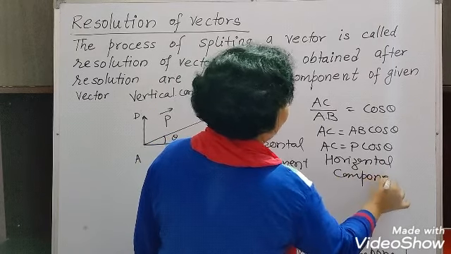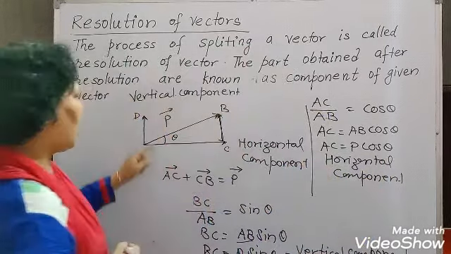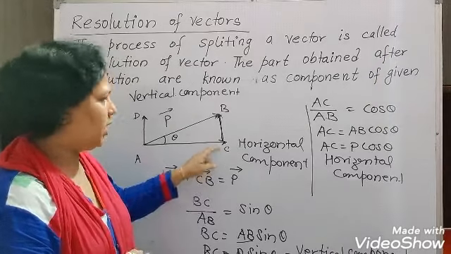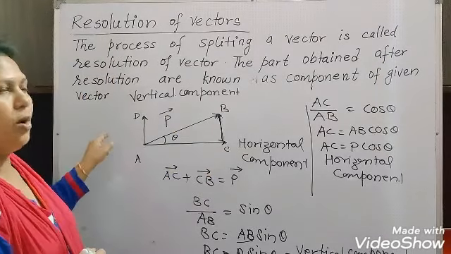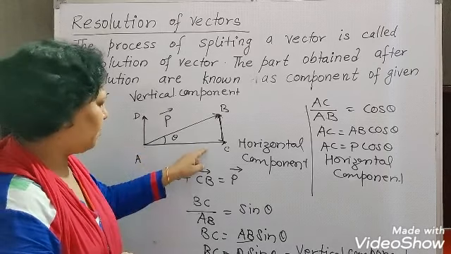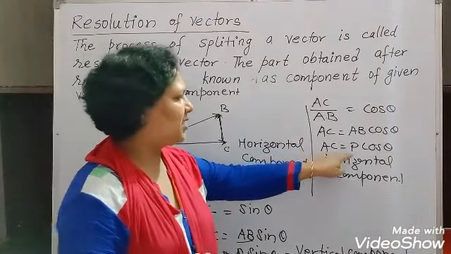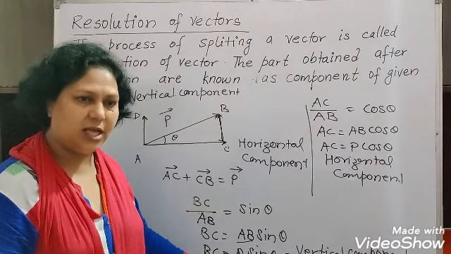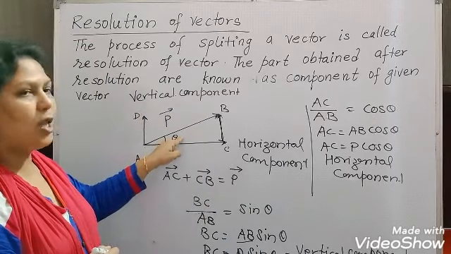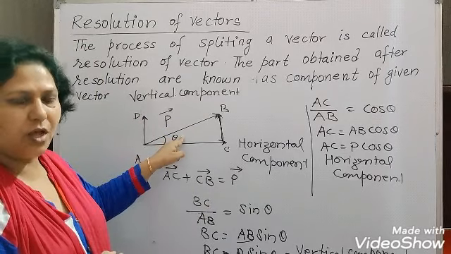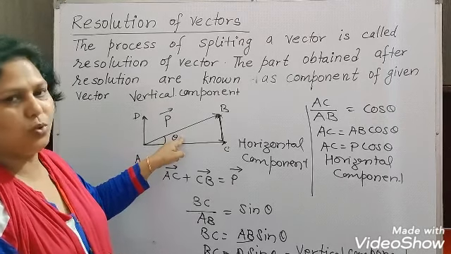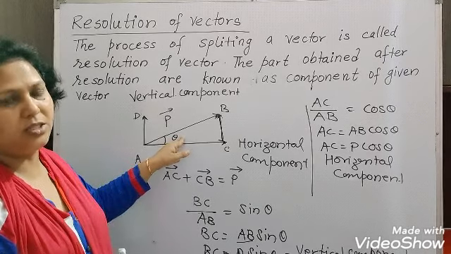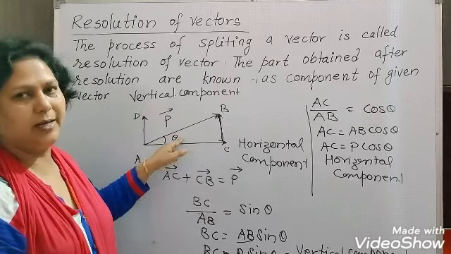So we have split vector P into two components. The value of the horizontal component is P cos theta, and the vertical component is P sin theta, where theta is the angle with the horizontal component of the vector. This is called resolution of vector: we have resolved the vector into two components, horizontal and vertical.